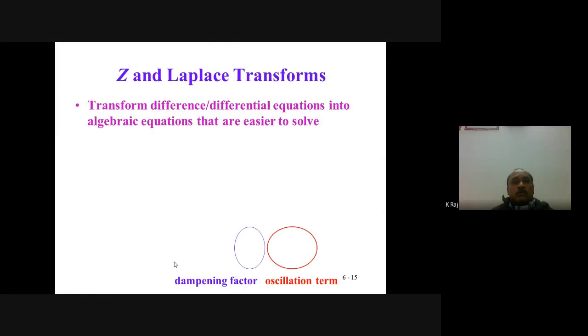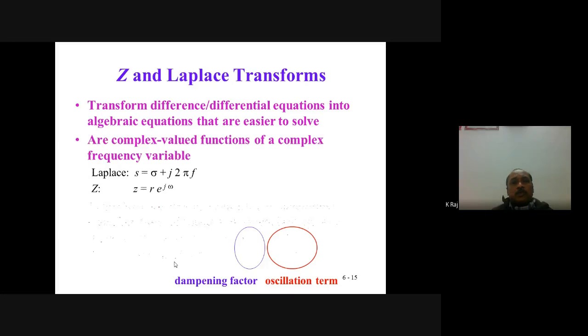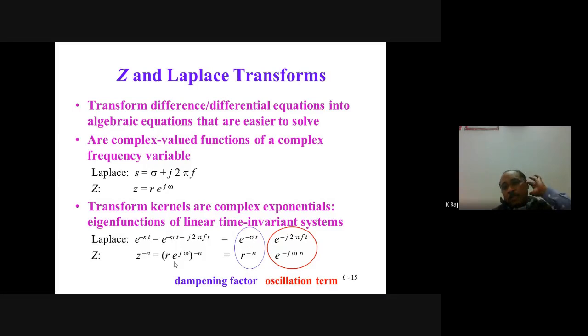Now, Z and Laplace transform. As we know, in the Laplace transform there is a parameter s that is known as the complex frequency, and this complex frequency is represented as sigma plus j omega, or j2 pi f.